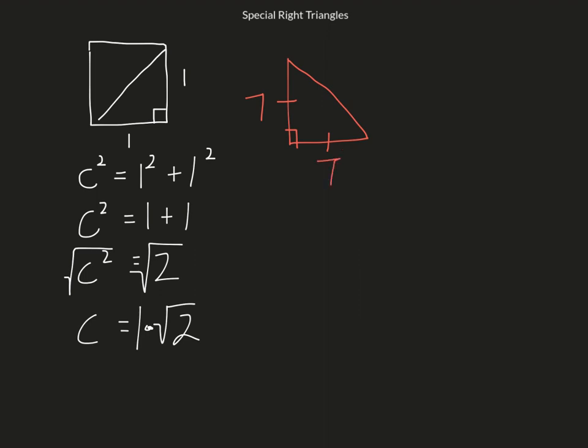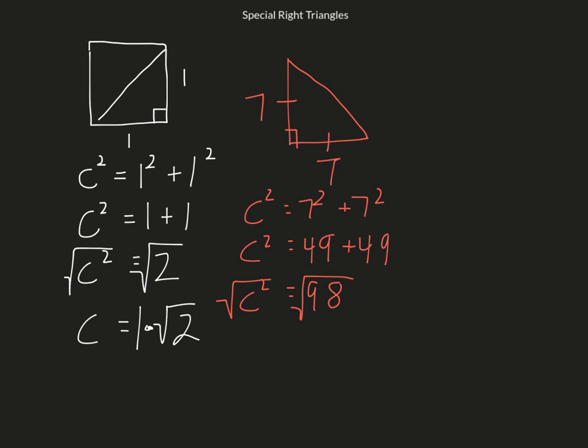Now, if you want to go through all of it, c squared equals 7 squared plus 7 squared. So c squared equals 49 plus 49. So c squared equals 98. And when I square root both sides, again, 98, I can turn that into the square root of 2 times 49, which equals the square root of 2 times the square root of 49, which equals the square root of 2 times 7.